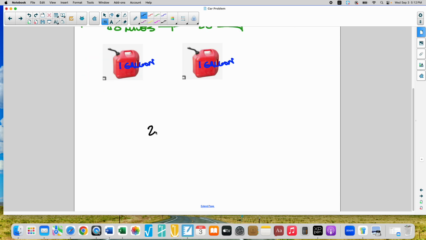So we're going to divide 25 into 122.5. 25 go into 1? No. Does it go into 12? No. Does it go into 122? Yes. 4 times. 4 times 25 is 100.